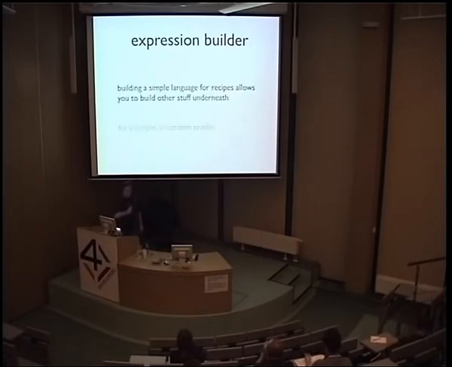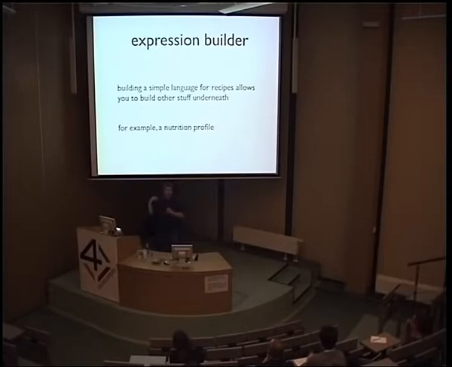This is another pattern called expression builder. And the example I'm going to use here is an addition to my recipe DSL, because if you're going to create recipes, if all you're really trying to capture are the names and quantities of the ingredients, it's a waste of time to create an entire DSL for that, because that's really just data.